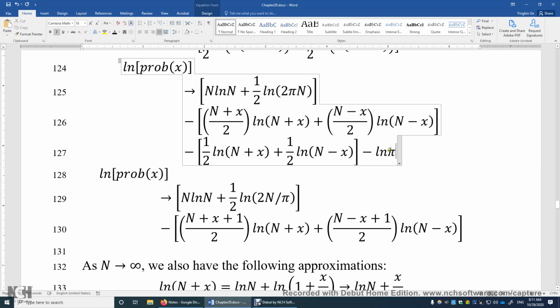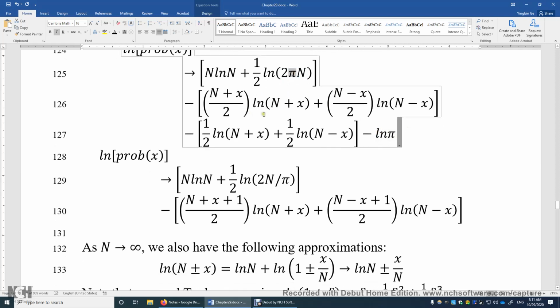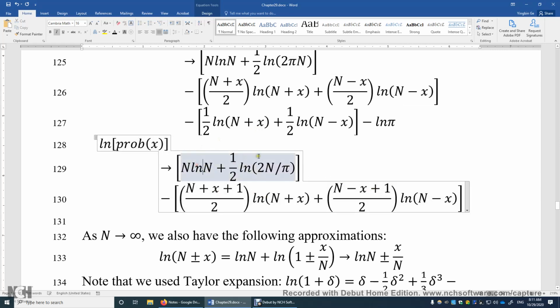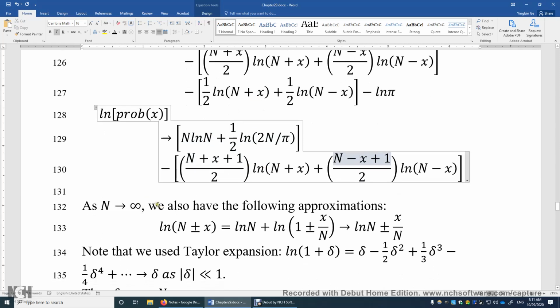So this one is equal to 1/2 times ln pi squared. So you can combine this and this. They do not completely cancel. And then you can do some other simplification. Now you'll get 1, 2, 3, 4 terms. And then we will make further approximations.